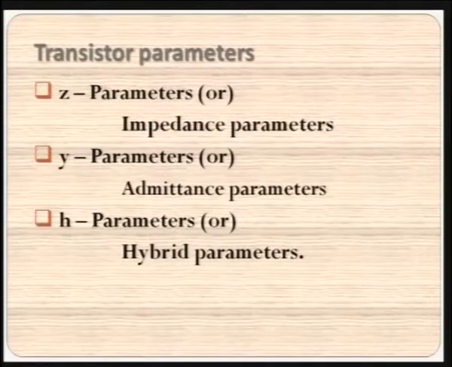By using a mathematical technique, we could formulate some expressions, maybe the ratios, which have much relevance to the terms that we come across in transistor circuits, like the input impedance, output impedance, voltage gain, current gain, etc. Each parameter differs in the way we take the dependent and independent variables.